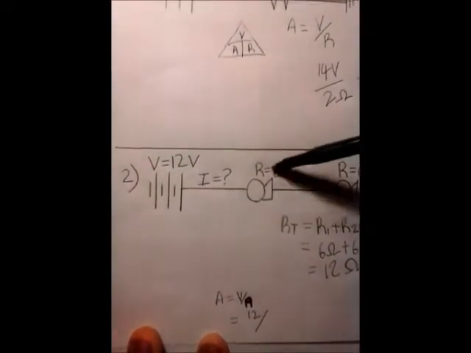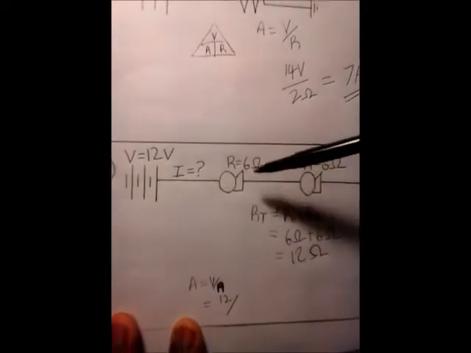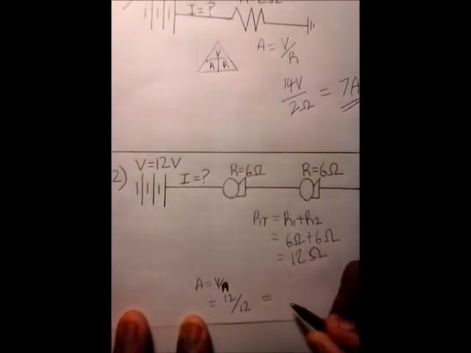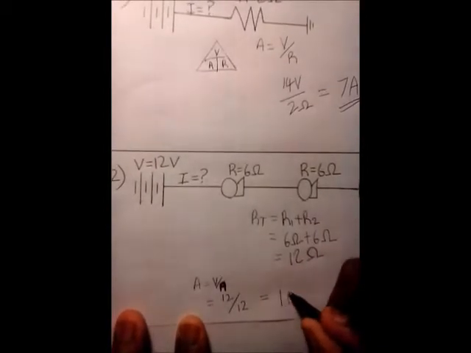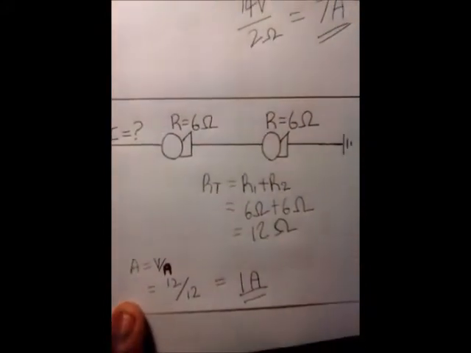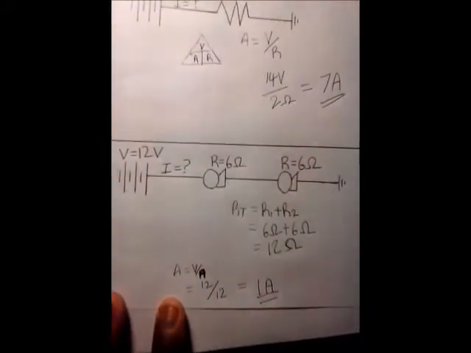R stands for total resistance. Our total resistance is 12. And that leaves us with 1 ampere of current. It's not hard.